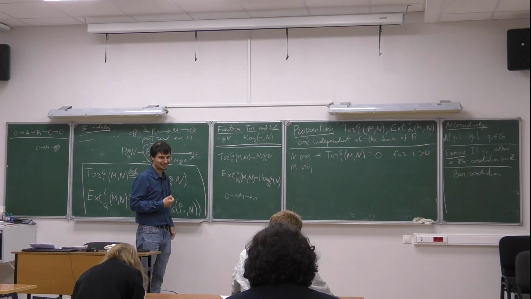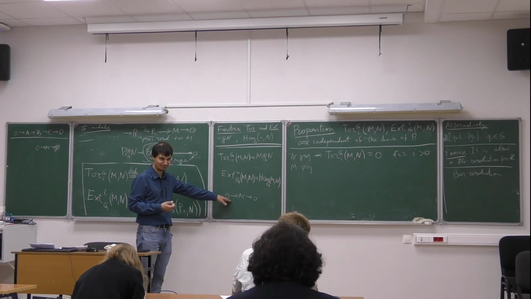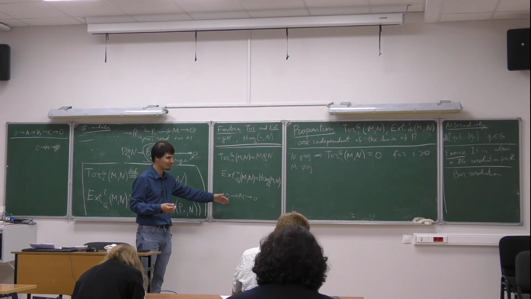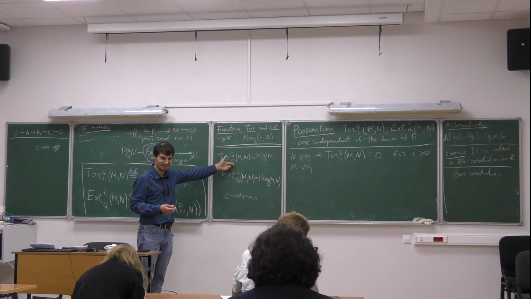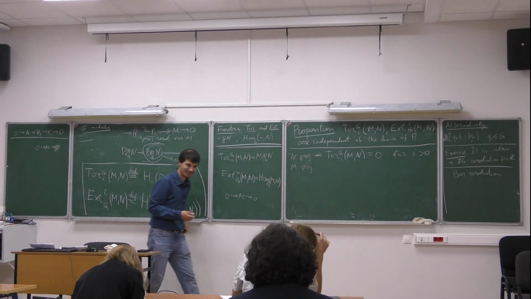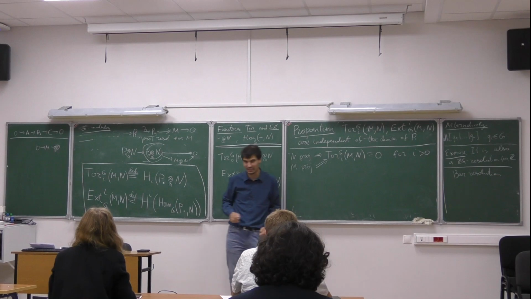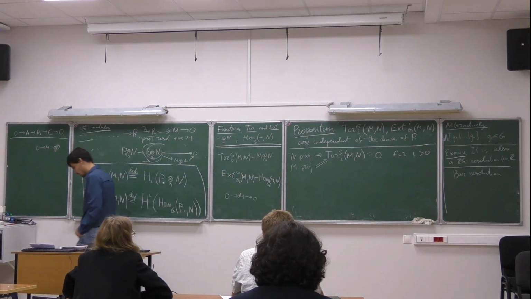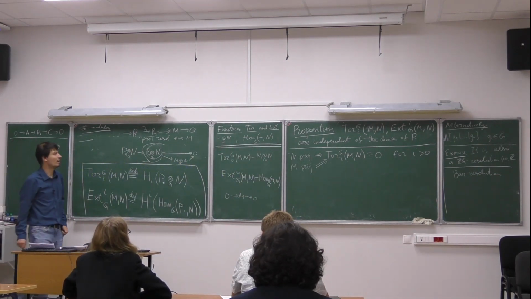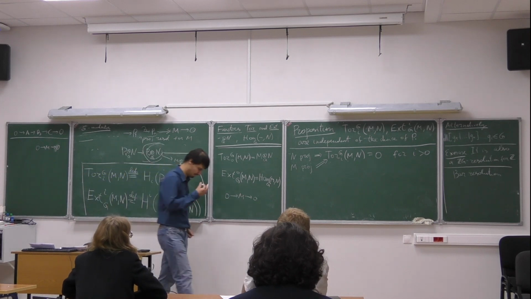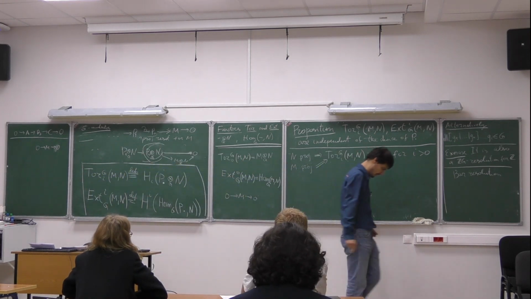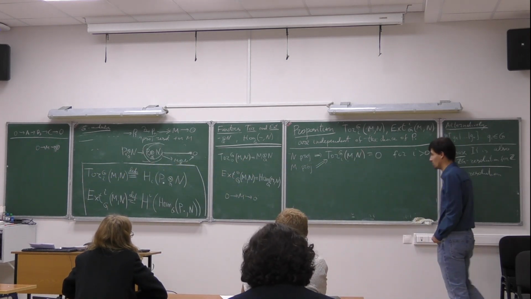So if I tensor this projective resolution by N, of course it will have homology only in degree 0, since it is just 0 everywhere. So if M is projective, then the same. So if at least one of the modules is projective, then the Tor is also trivial.